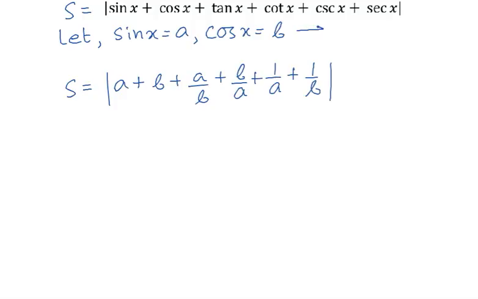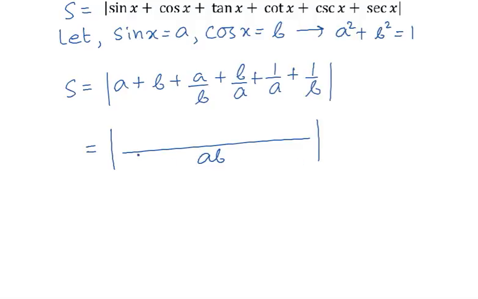And according to the assumption, we can also say that a square plus b square should be equal to 1, because sin square x plus cos square x is 1. So this, on simplifying, can be written having a common denominator ab, and the numerator will come out to be ab into a plus b plus a square plus b square plus a plus b.